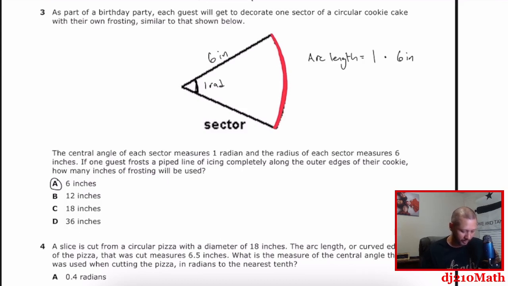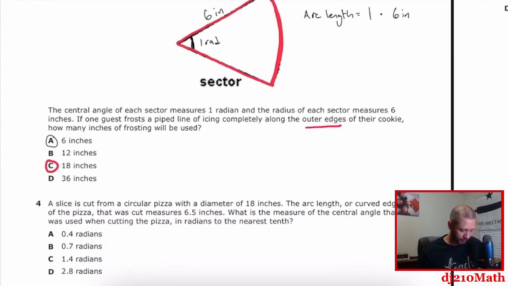But if they're frosting the outer edges of their cookie, so like this, then that'd be 6 times 3, which would be 18. So I guess it just depends on how you want to interpret this. So it's 6 inches if it's just along that one side, and then it's 18 inches if they use all 3 sides, which I feel like it's all 3 sides because it says outer edges, which implies more than one edge. Probably go with C on that one.